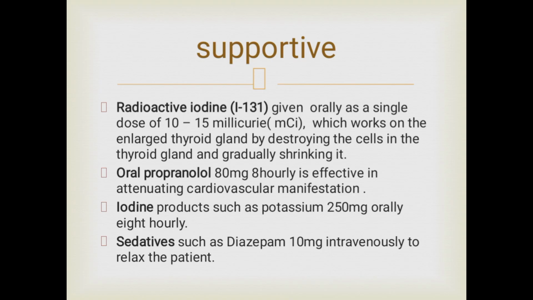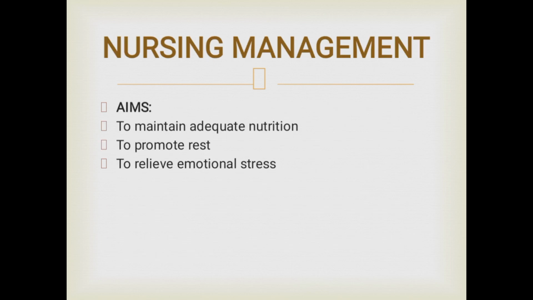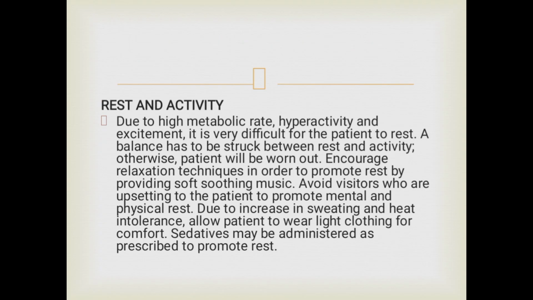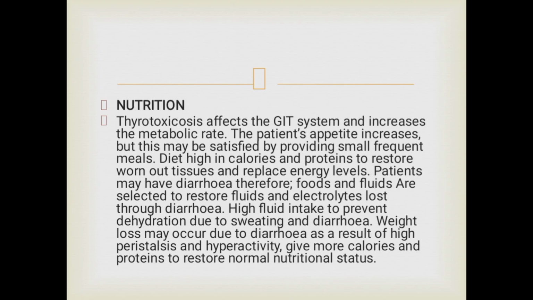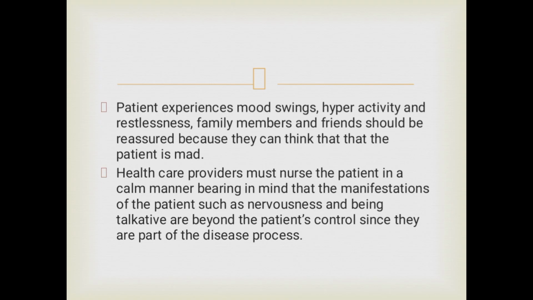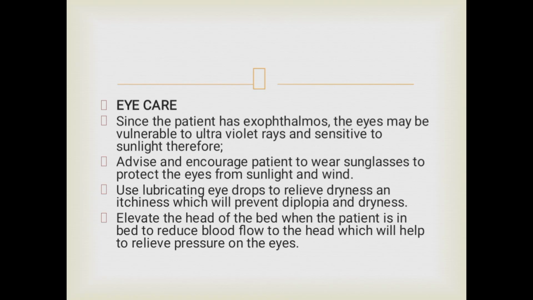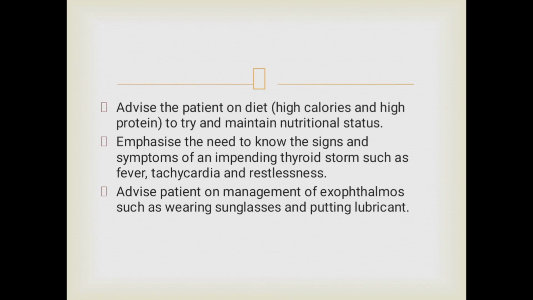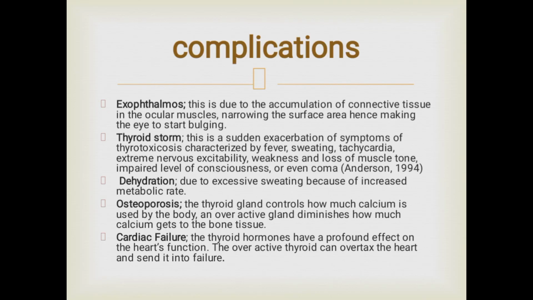This is for the increased cardiovascular effect of function. Iodine also, and also sedatives in cases of tremors and irritability. So what remains is the necessary management, of which we have the environment, rest, activity, observation, nutrition, psychological care, hygiene, hair care, elimination.